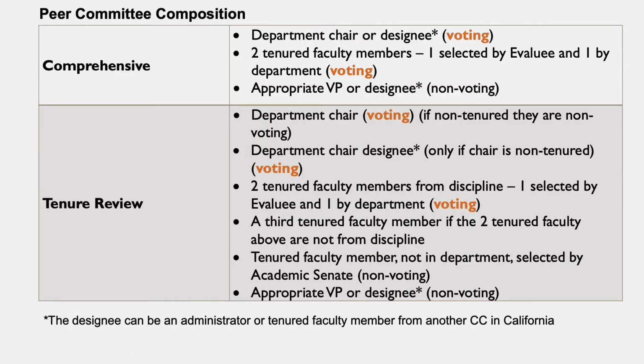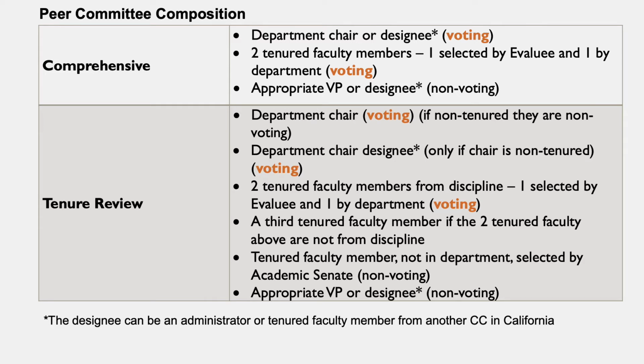So in terms of the peer committee compositions, this slide shows the different compositions based on the type of committee. Comprehensive committees consist of the department chair designee, 2 tenured faculty members, and the VP or designee. Tenure review committee consists of the chair, chair designee if the chair is not tenured, then 2 tenured faculty members, both from the discipline, one who is selected by the evaluee and one by the department.